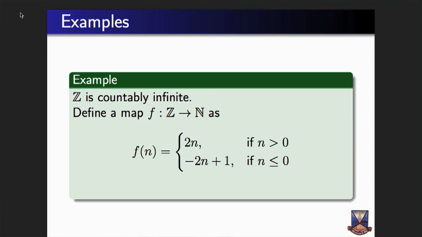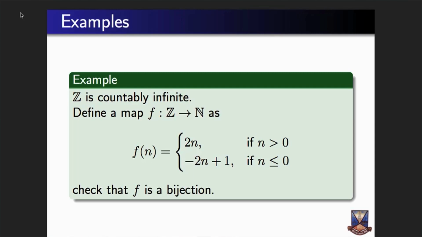Basically, what this map does is it maps all the positive integers to even natural numbers and all the non-positive integers to the odd natural numbers. Okay. So, I am leaving it to you to check that f is a bijection.